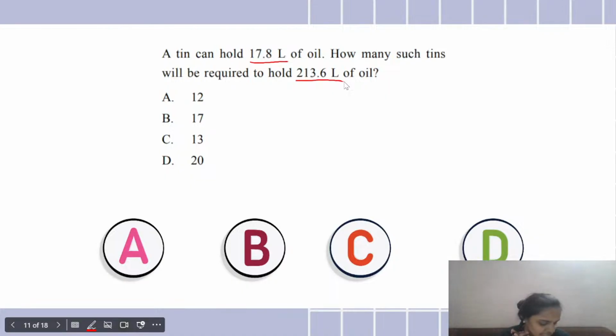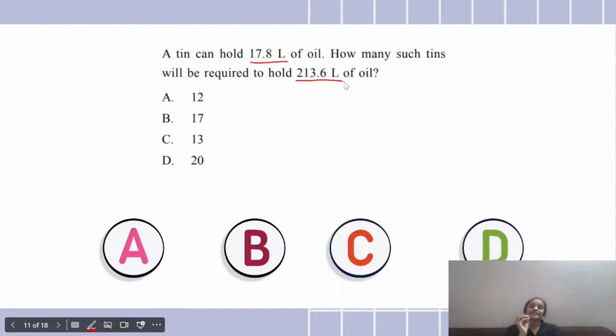Yes, okay, you got your own mistake. That's very good, Banishika. That shows that you understood the concept well. Okay, all right, now let's quickly find out the answer to this. In one tin I can hold 17.8 liter of oil.